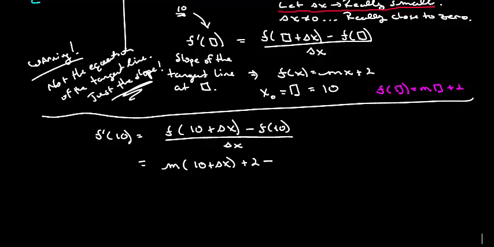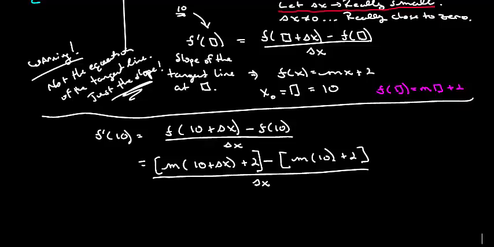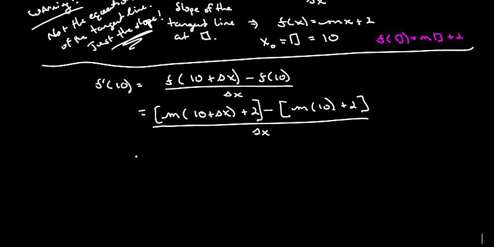Now we need to subtract f at 10. So there's the first part. Now f at 10, if I just plug 10 in here, I get m times 10 plus 2, and this whole thing is divided by delta x.